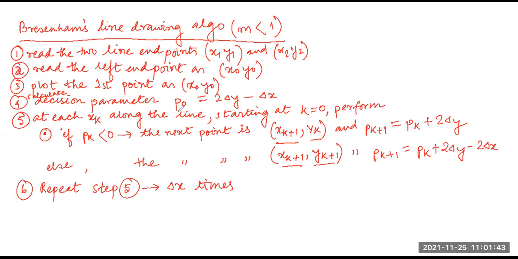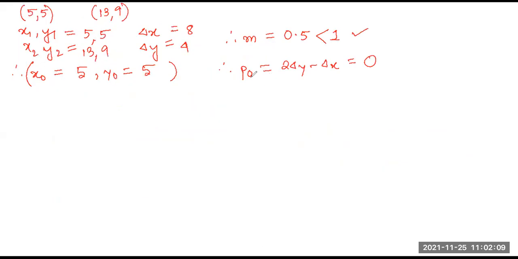Now we are starting. If your P is lesser than 0, I follow one formula, but your P is equal to 0, so this is the formula you will follow. Both x and y will be incremented by 1.